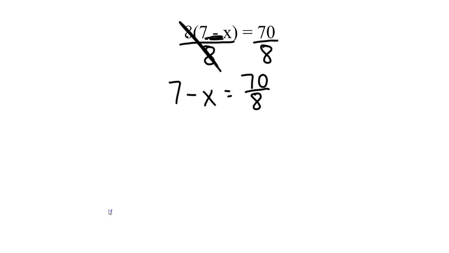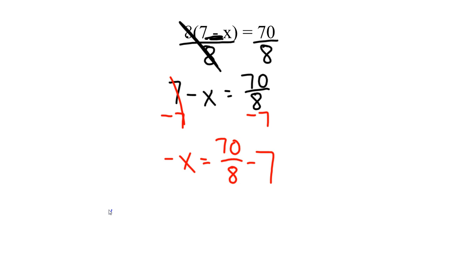Alright, next step, we want to get rid of that 7. So we'll subtract 7 on each side. These two are going to cancel out, leaving me with negative x. Make sure that you write negative x. That's very important. Now I've got 70 over 8 minus 7. Well, what do we got to do there? We've got to find a common denominator.